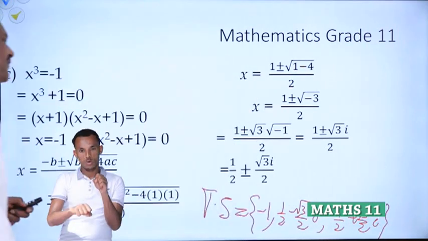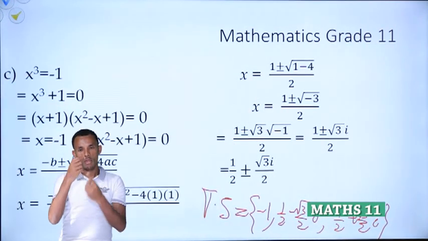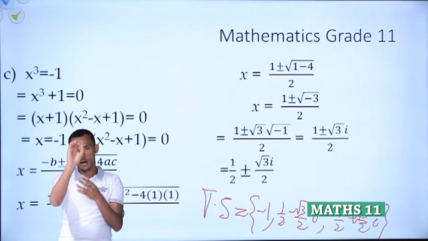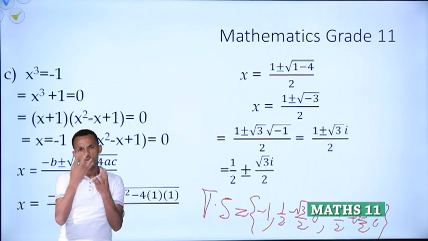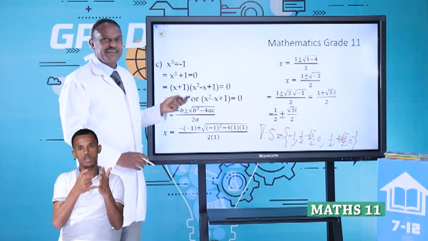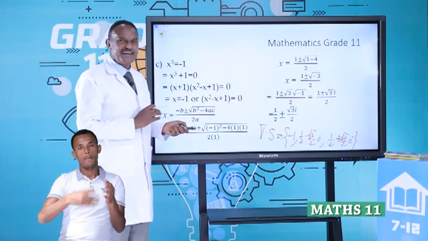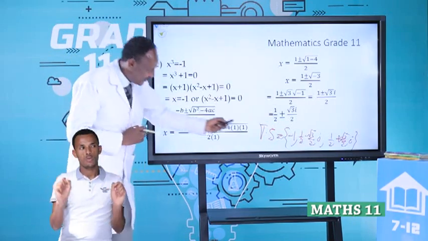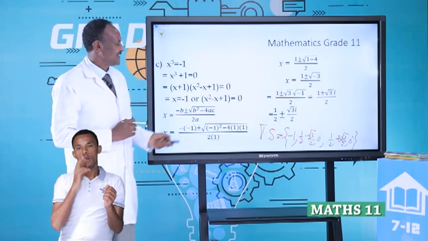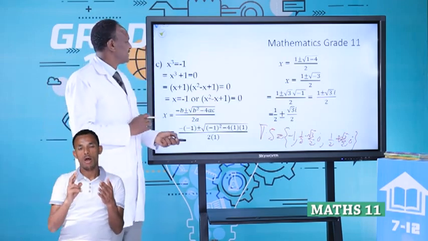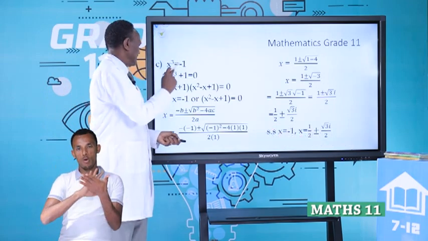So, if you remember from grade 10, a polynomial of degree n has at most n solutions. Since it is degree 3, it will have a maximum of 3 solutions. One is a real number, the other two are elements of the complex numbers.